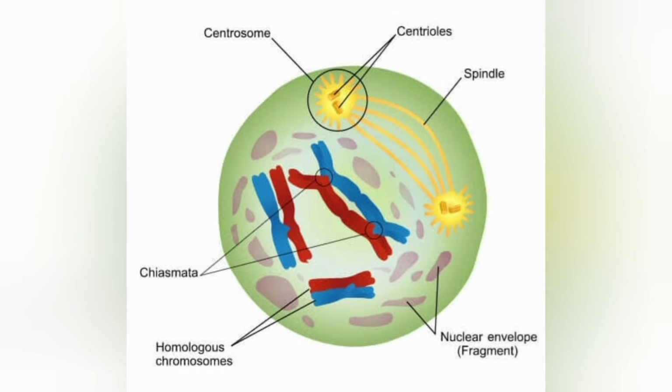While DNA copying in prophase 1 of meiosis 1, there will be crossing over where the genetic material gets exchanged between the maternal and paternal chromosomes.